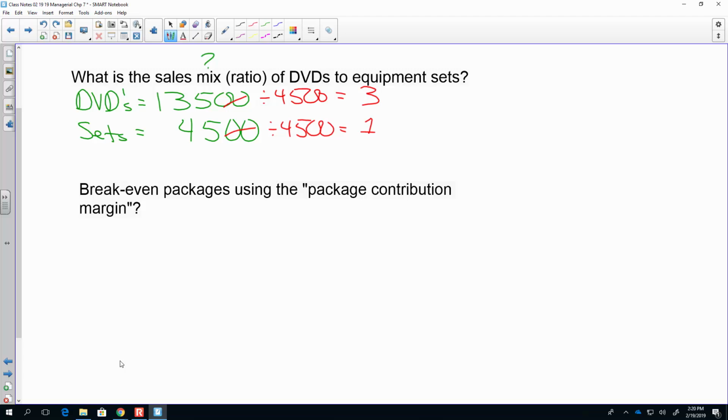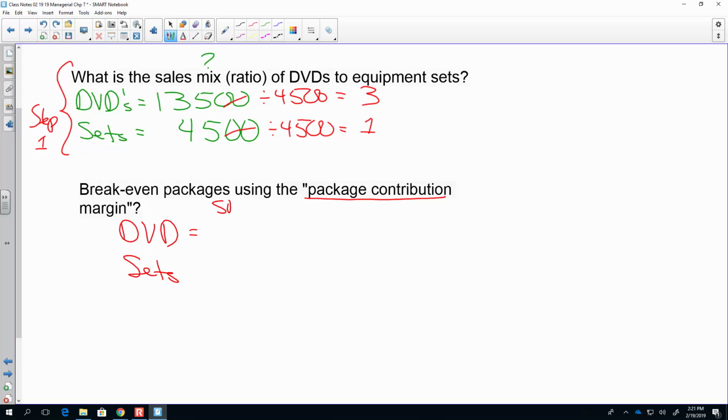So we have our mix ratio. Let's compute our break-even packages using the package contribution margin. What we just did was step one. Now we've got to come up with our package margin. We have DVDs. We have sets.